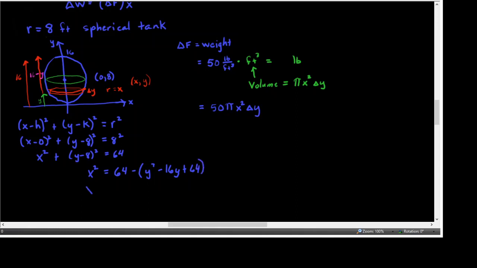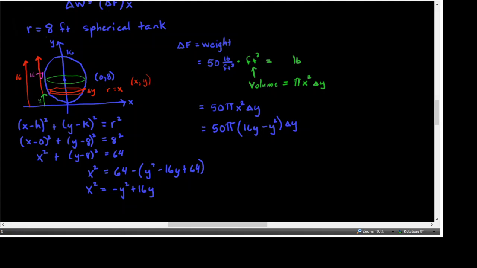And then doing the subtraction by carefully distributing that subtraction over the parentheses, that's going to leave us with negative y squared plus 16y. Okay, so that's what x squared is. So I'm going to come back over here to where we were working, that delta F, and that's going to be 50 pi, and then we can take out the x squared and put in its place 16y minus y squared delta y. Okay, so that's the incremental force.